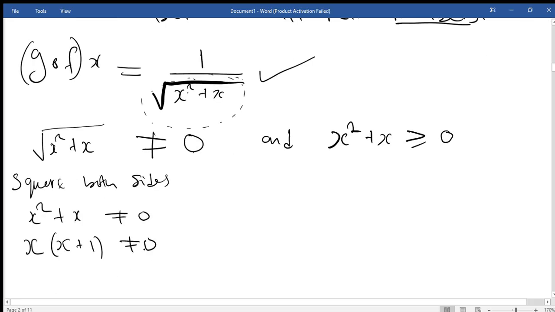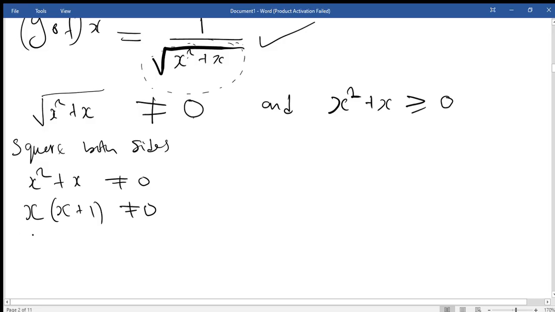Implying that x cannot be 0 or x cannot be equal to negative 1, because when this factor is equal to 0, the 1 will go to the other side and becomes x not equal to negative 1. This is the first case, the first restriction there.